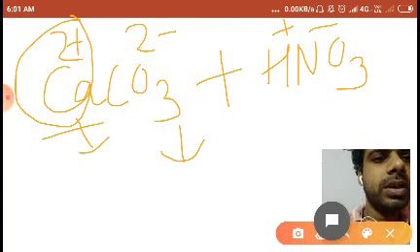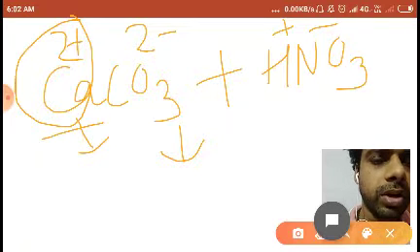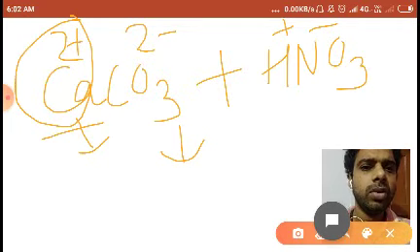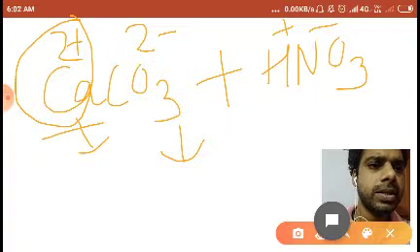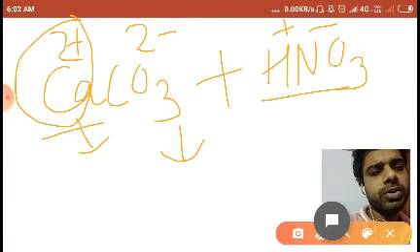Or simply, we will talk about a double displacement reaction here. But if I talk about the displacement reaction also, we can say Ca will displace H plus. But you can see when these two dissolve in aqueous solution, HNO3 is in the dilute solution.